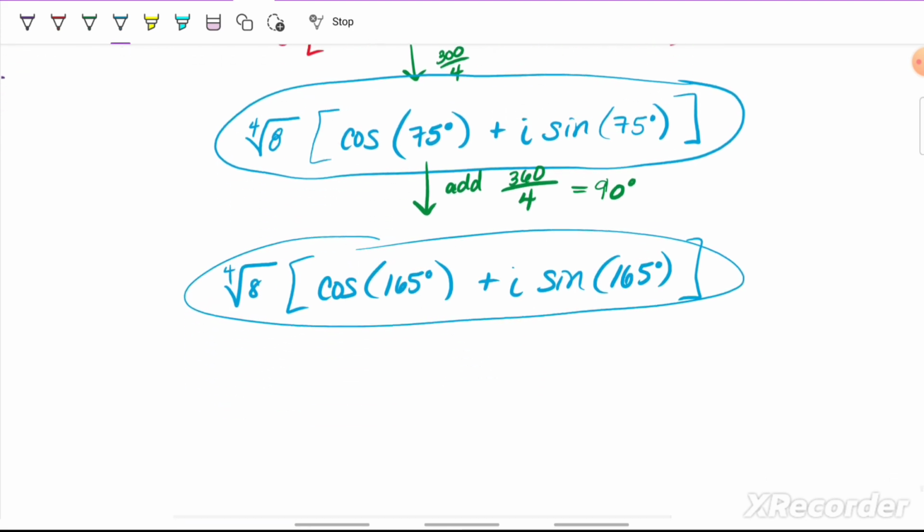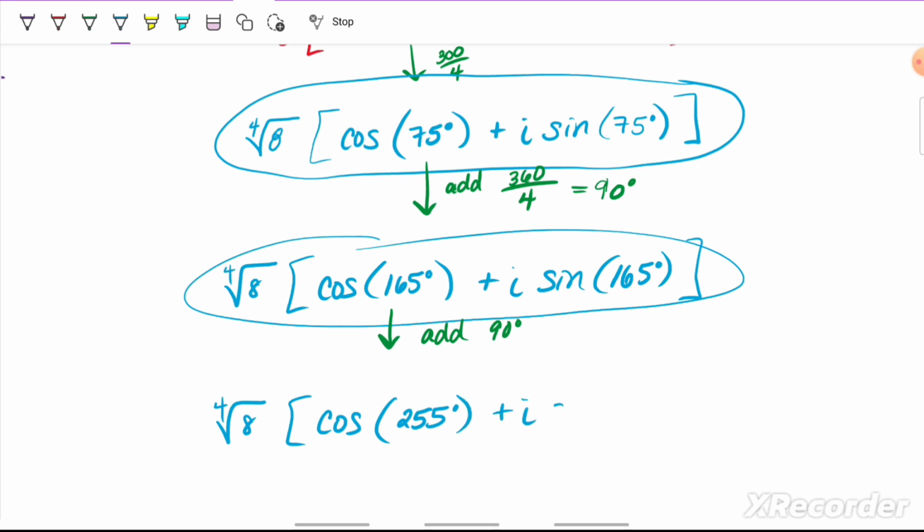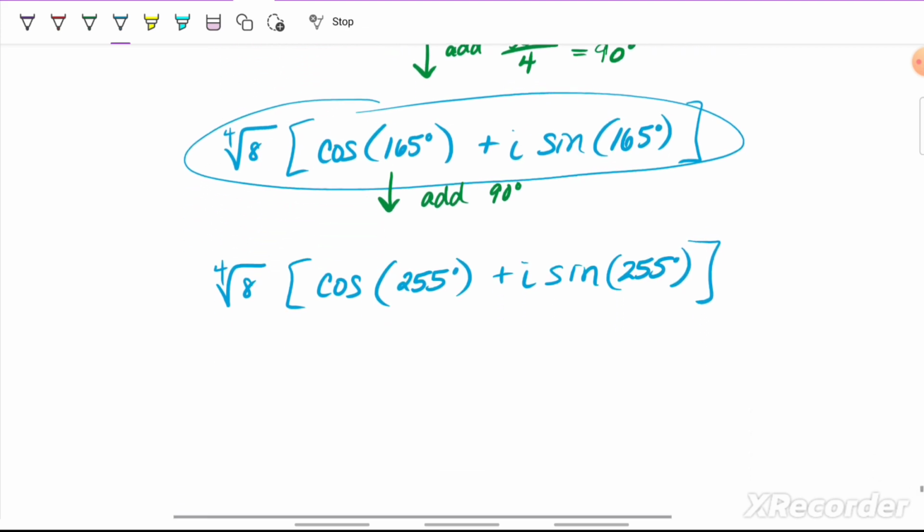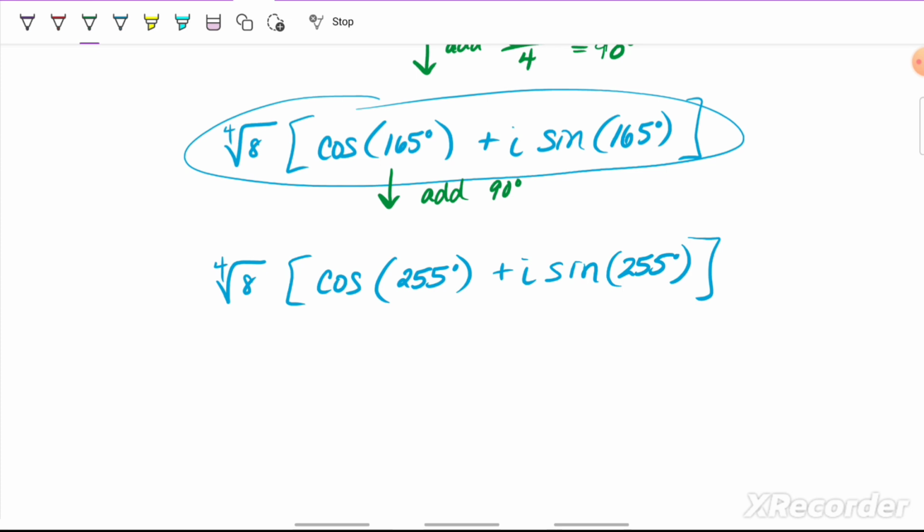And then I'm going to do it again. I'm going to add that 90. So our third one will be the 4th root of 8 times cosine of 255 degrees plus i sine of 255. And then one more time, we're going to add that 90 degrees.